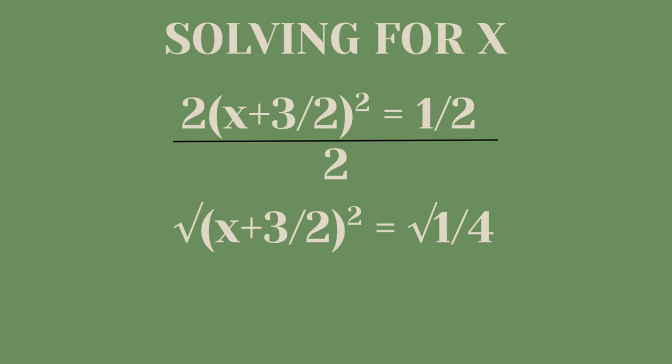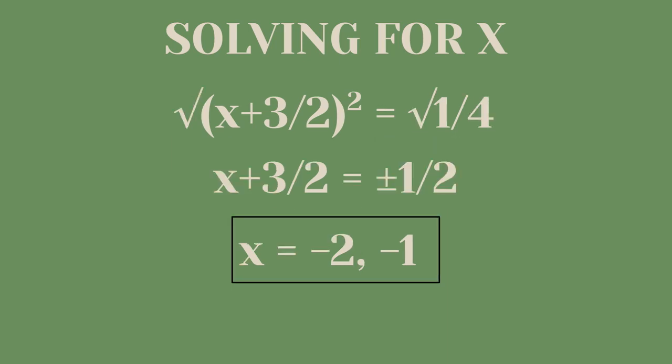So start by dividing by 2, which gives us quantity of x plus 3 over 2 squared equals 1 over 4, and then we find the square root of both sides, which will give us x plus 3 over 2 equals positive or negative 1/2, and then we just have to subtract 3 over 2 from both sides. And that gives us x equals negative 2 and x equals negative 1.